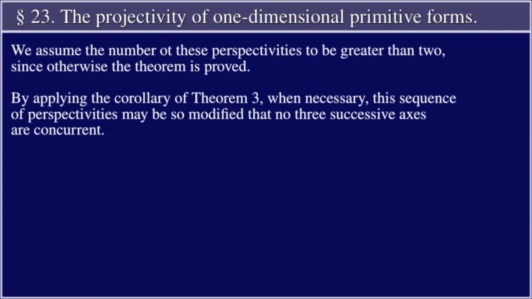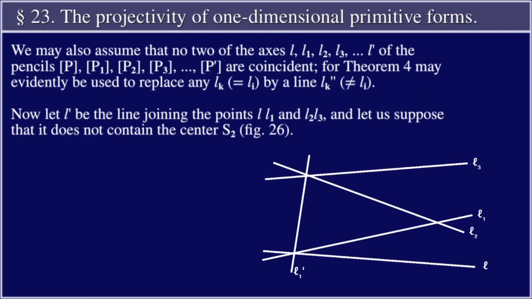We assume the number of these perspectivities to be greater than 2, since otherwise the theorem is proved by applying the corollary of Theorem 3. When necessary, this sequence of perspectivities may be so modified that no 3 successive axes are concurrent. We may also assume that no 2 of the axes L, L1, L2, L3, L' of the pencils P, P1, P2, P3, P' are coincident.